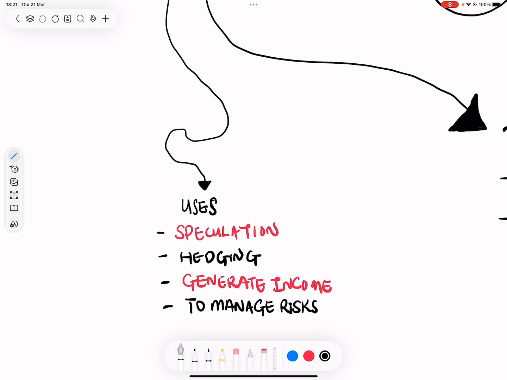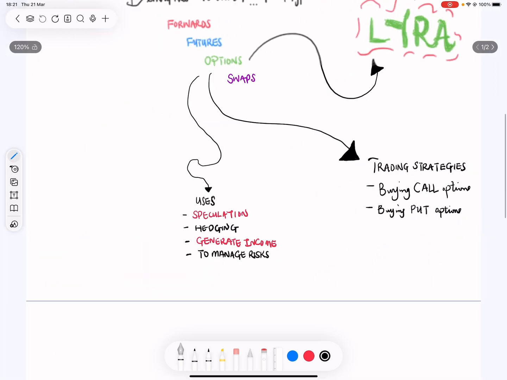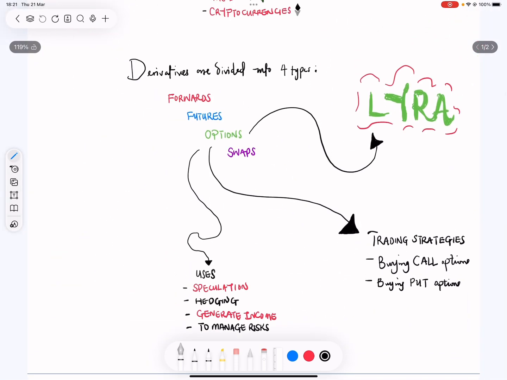Options should actually be included in the portfolio as zero risk, because it's a no-brainer, it just makes sense, right? The ability to hedge, the ability to speculate and still not lose, that's a winner for me, basically.